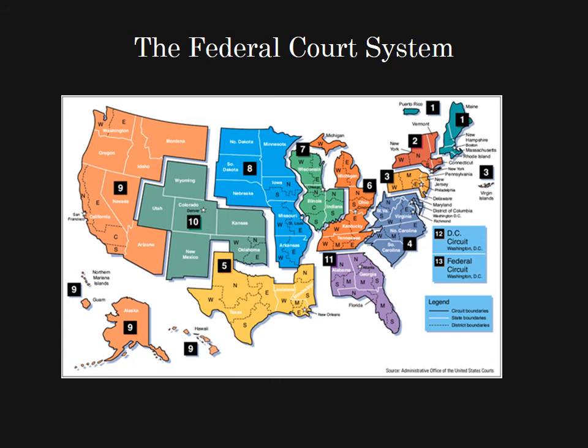Here you have the Northern, the Middle, and the Southern in Georgia. In many states, there's only one district court: Montana, Idaho, Wyoming, Utah, Colorado. You see the bigger population states have more than one district court.